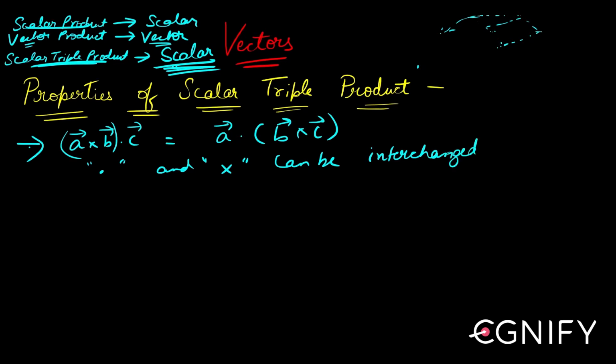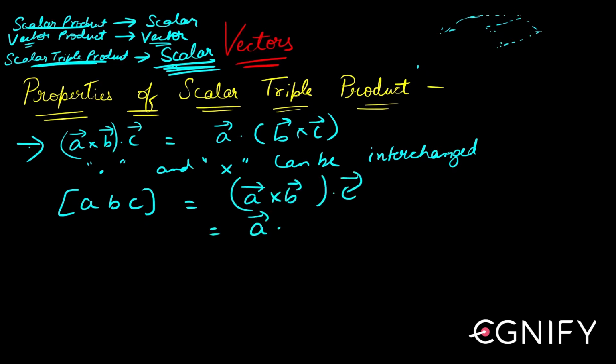Now, this is not something that's very difficult, or something that we've been seeing for the first time, because I've already told you box ABC is equal to A cross B dot C, or I can also write this as A dot B cross C. Also, I gave you the reason as to why this is true. So let's actually just look at it once again, because it's coming under properties.